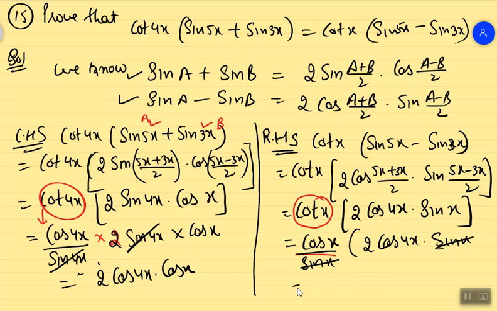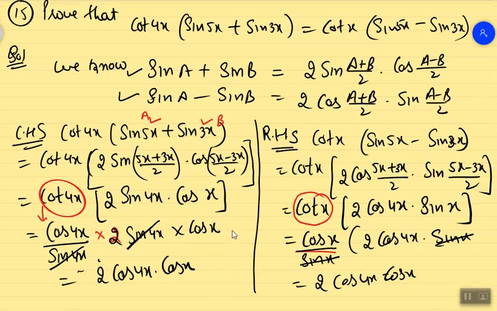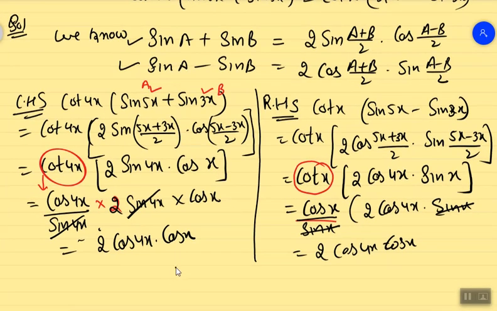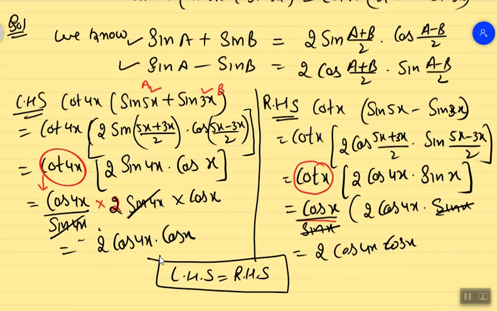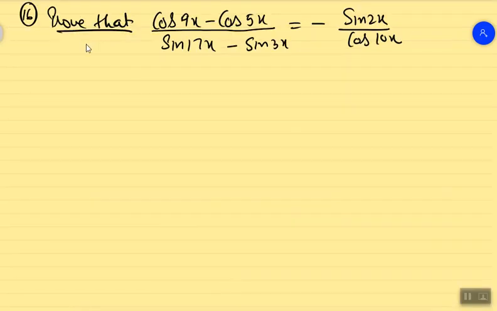Sin cancels out. 2 cos 4x is equal to cos x... So see, left hand side is equal to right hand side. We have proved question number 15. Okay, question number 16.